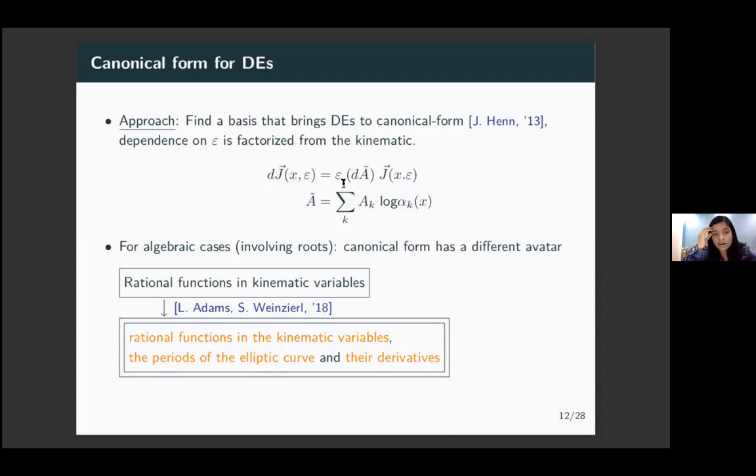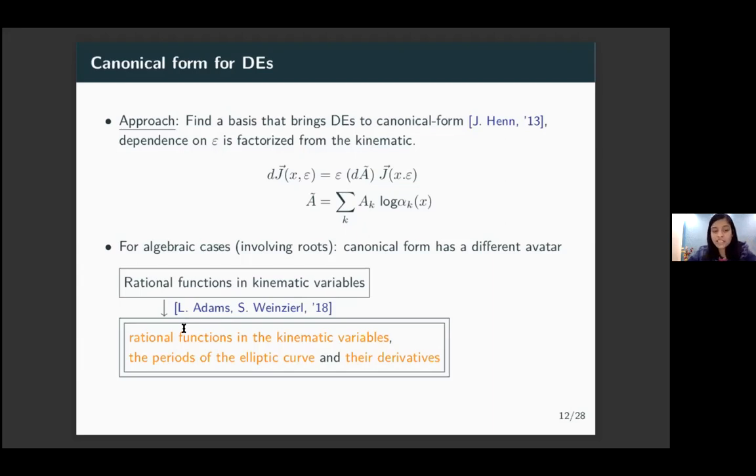There are also many packages now which even evaluate the transformation you need to go from the IBP basis to a canonical form, and even write them down in terms of GPLs. For algebraic cases which involve roots and often evaluate to elliptic curves, this canonical form is not there, but it has a different form in this paper by Stefan and Luisa.